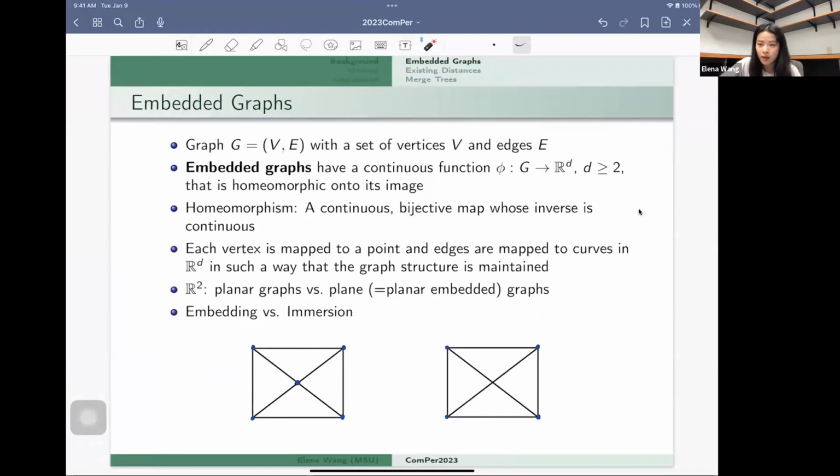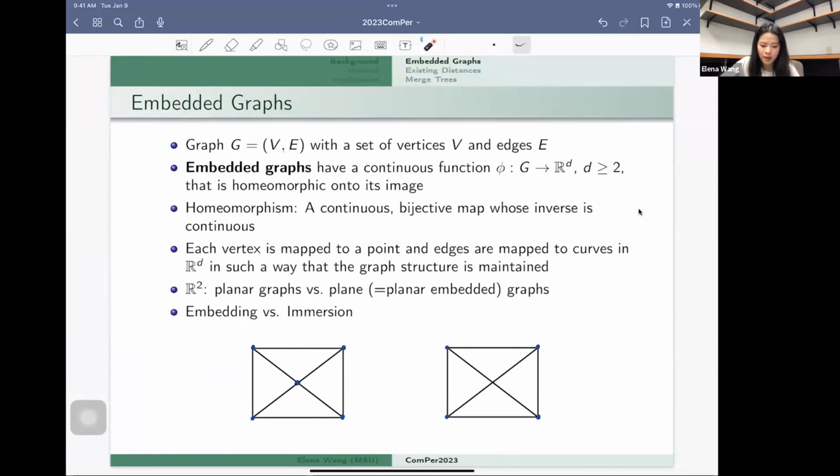So what is an embedded graph? A graph is composed of a set of vertices V and a set of edges E. What makes it embedded is that it has a continuous function phi that maps the graph to a real space R^d, where the dimension d is greater than or equal to 2.